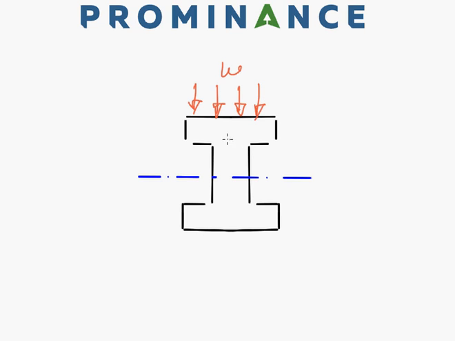In that case, how much it will deflect is decided by the property called the flexural strength of this I-beam.